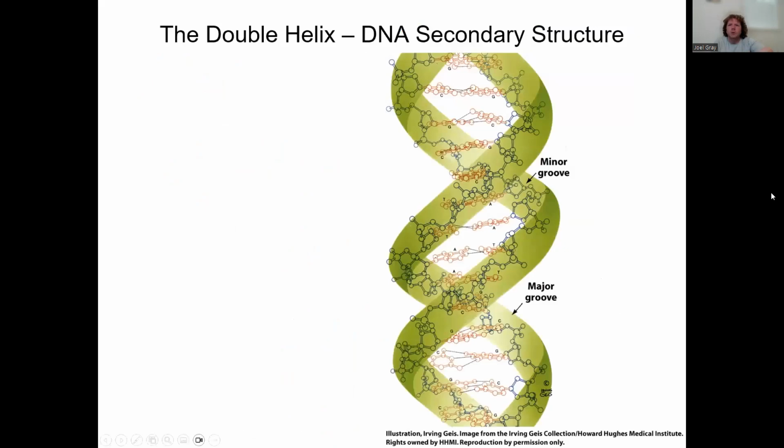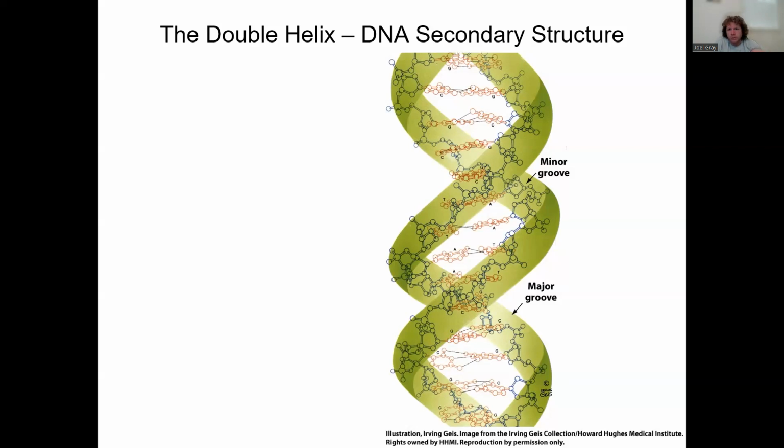All right, so here we have a model of the double helix of a DNA molecule. Now, this was originally elucidated, or basically the most important information regarding the structure of DNA was produced by Rosalind Franklin.